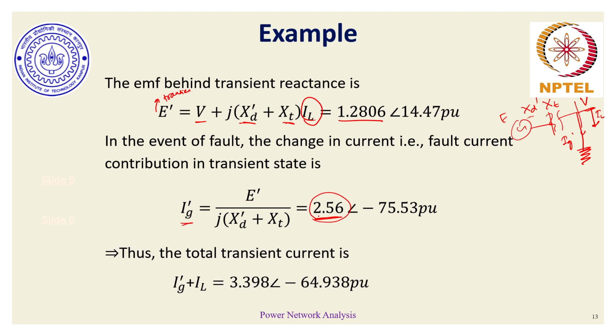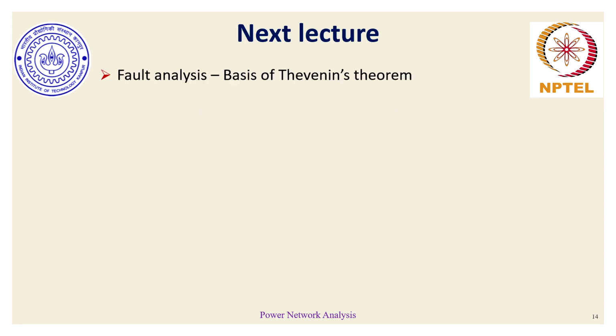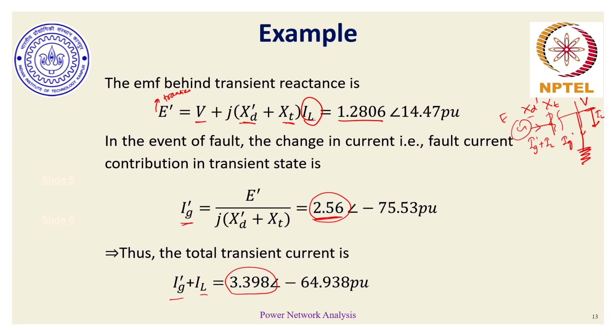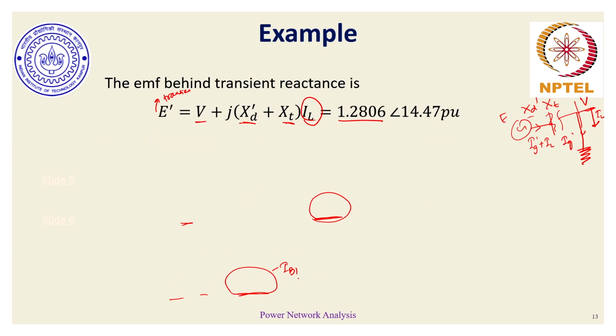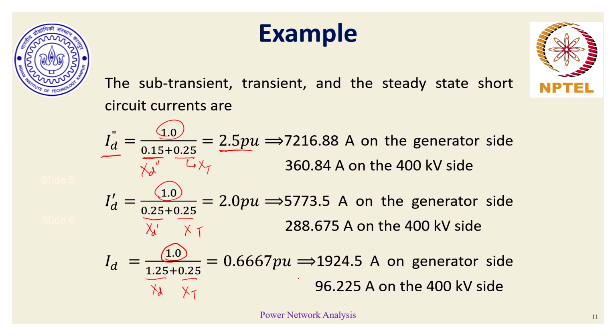The actual transient current would be the phasor sum of both currents, which is 3.389 per unit, the current contributed by the generator to the load as well as to the fault. If we want to convert this into actual current on the generator side, we multiply this by IB1, which is defined in slide number 10.